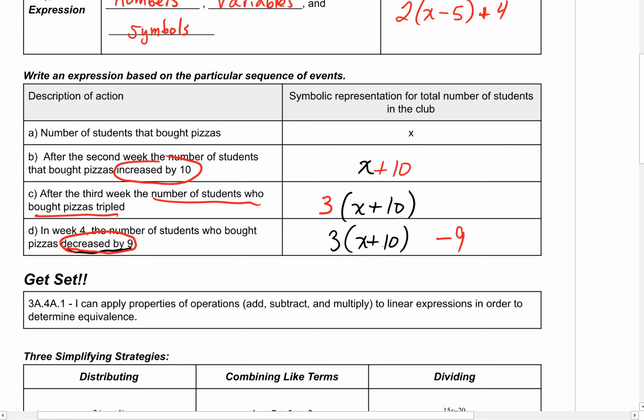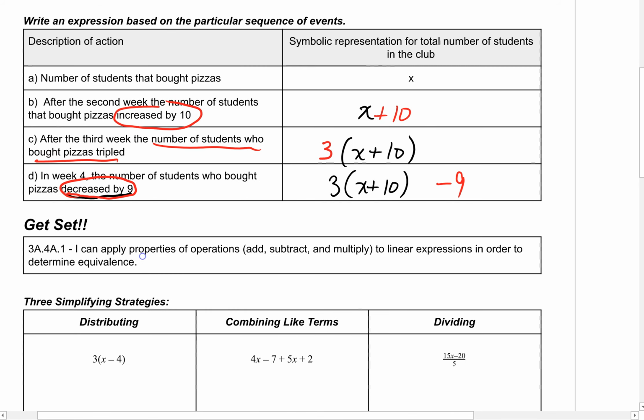That was in week 3. Now in week 4, that amount is going to have a subtraction of 9, a decrease by 9. So very similar to what we've been doing in our first task, and a very important skill, being able to go between a verbal expression and converting that into an algebraic expression.